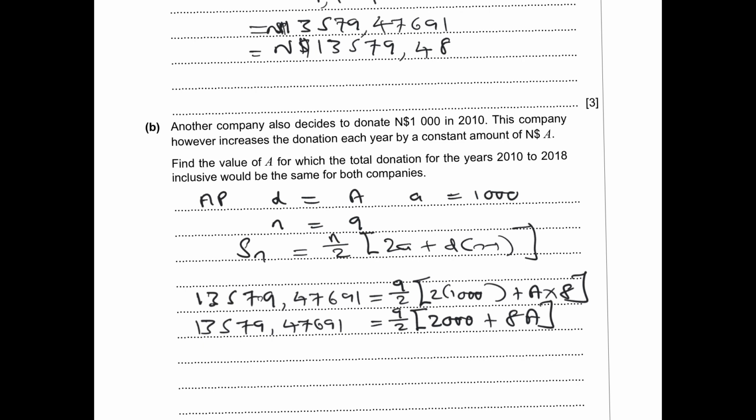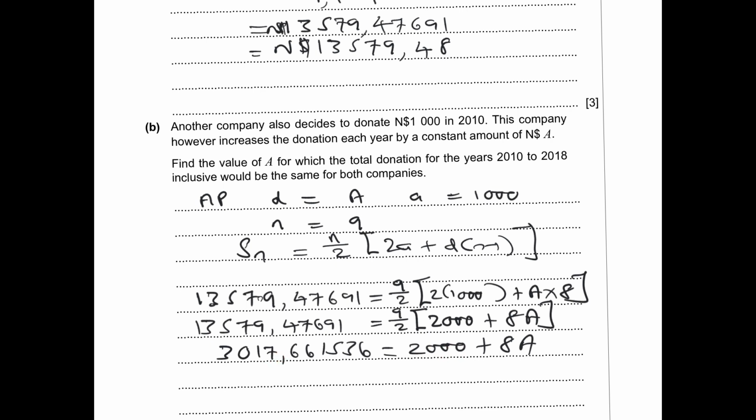We have to solve this equation for A. First of all, 9 over 2 is 4.5, so we divide both sides by 4.5. 13,579.47691 divided by 4.5 gives 3,017.661536, which is equal to 2,000 plus 8A. So this 2,000, if it comes to this side, we subtract it.